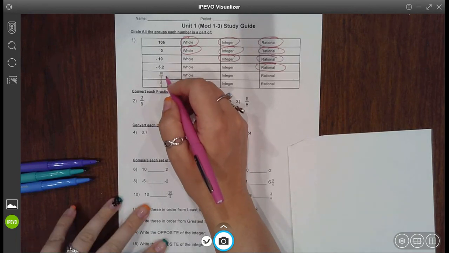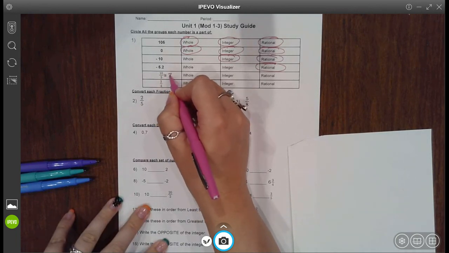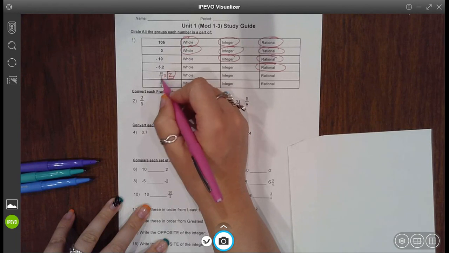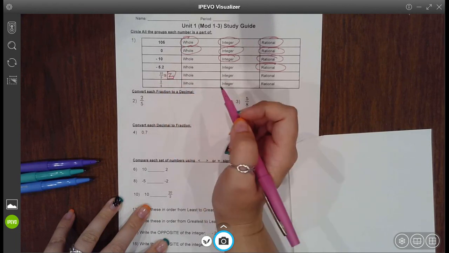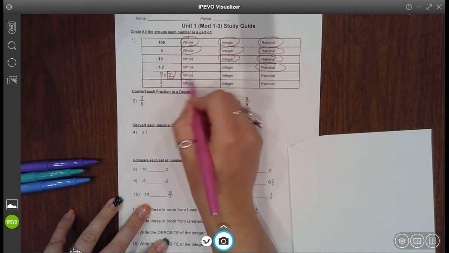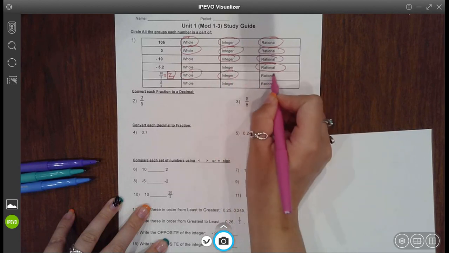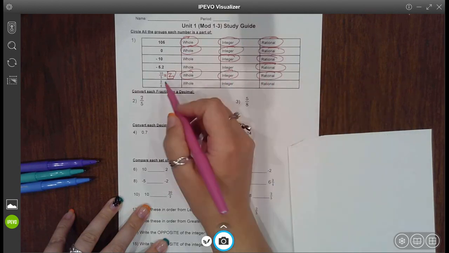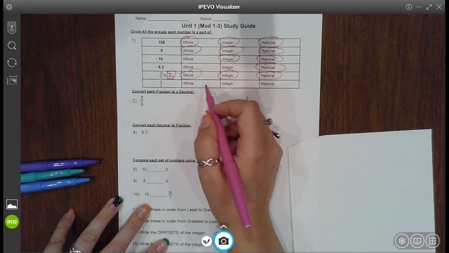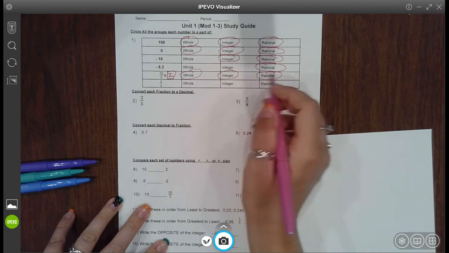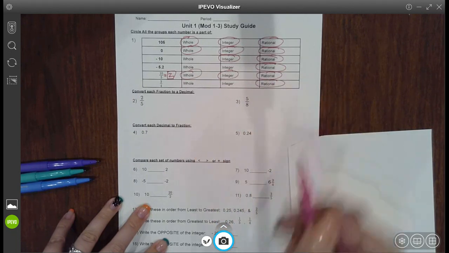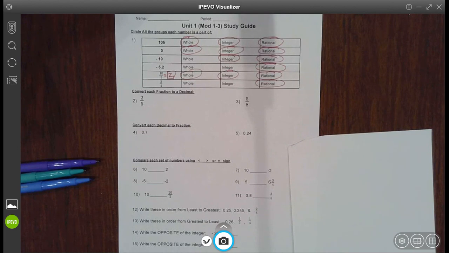Yes, it can. 10 over 5 reduces to 2. So in reality, this isn't a fraction, it's really just 2. So 2 is a whole number and an integer and rational. 3/4 can't reduce anymore, so it's not a whole number, it's not an integer, it's only rational. So there's your little review for the different types of numbers that make up our number system.